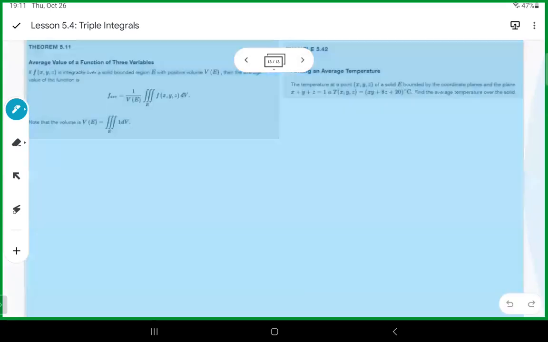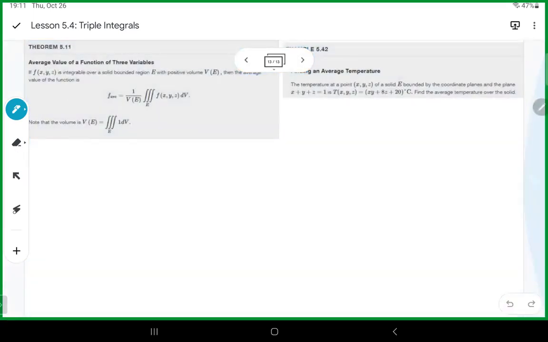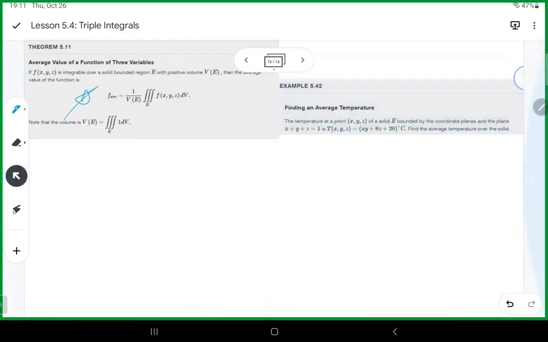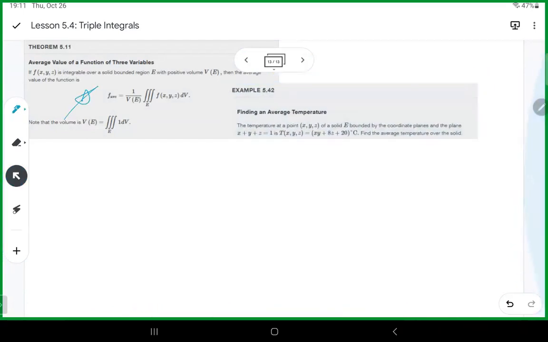All right, last problem. Last problem comes with a theorem, and then we're going to try to find this average. Okay.